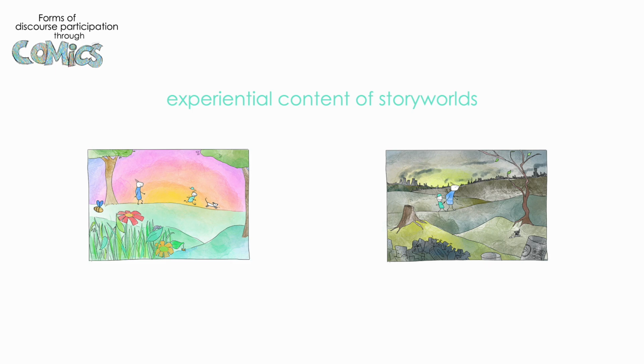A story world is the narrative universe created in a story with characters in a specific space and time. The experiential content of story worlds can delimit emotional states that offer possibilities of identification with characters, both at the level of the story and the different implicit and explicit discourses and perspectives.